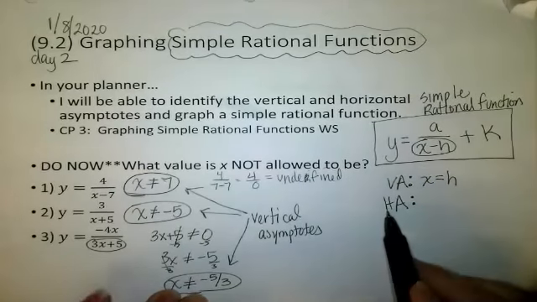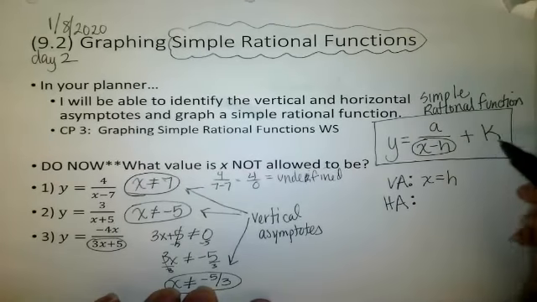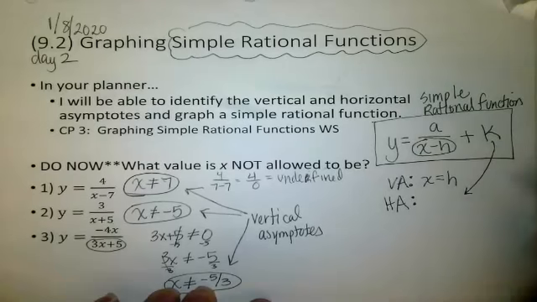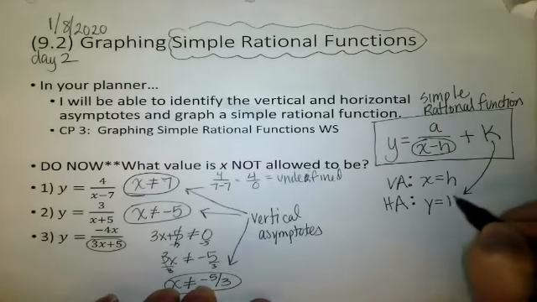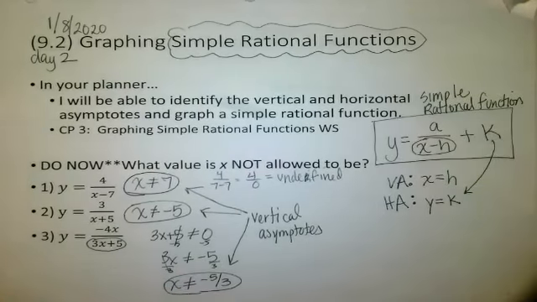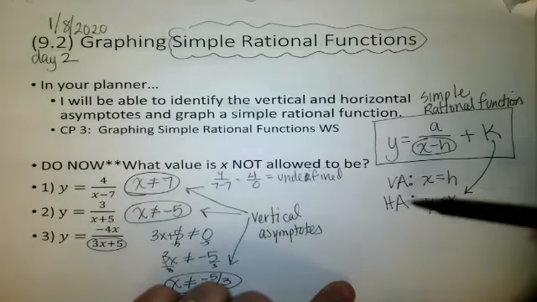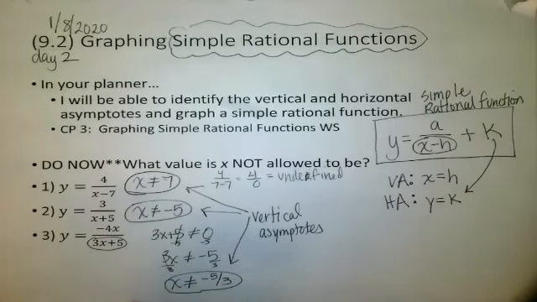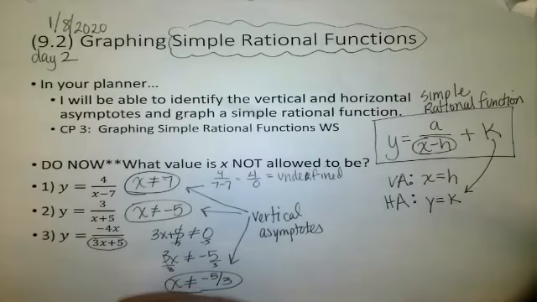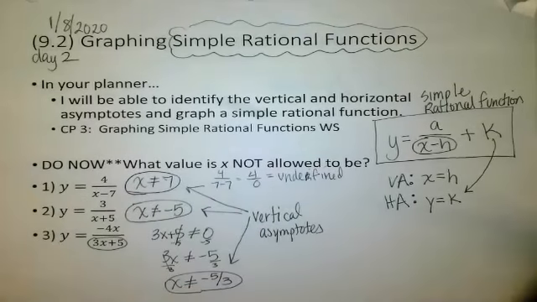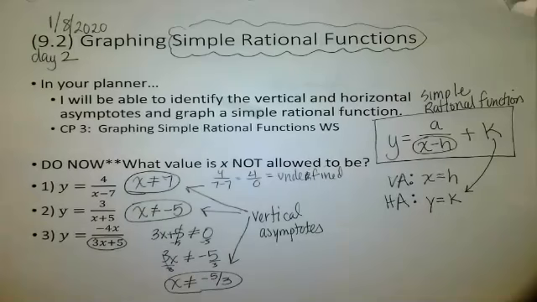Horizontal for h there, abbreviate it with just an h, horizontal asymptote. Happens to be whatever this number on the outside is. Y equals k. And so just looking at how something is structured or the form of it, we can tell a lot of information. And once we have these two parts, the vertical asymptote and the horizontal asymptote, that's going to help us graph. We're going to use that, set it up, and that's going to help us to graph these very crazy looking functions.